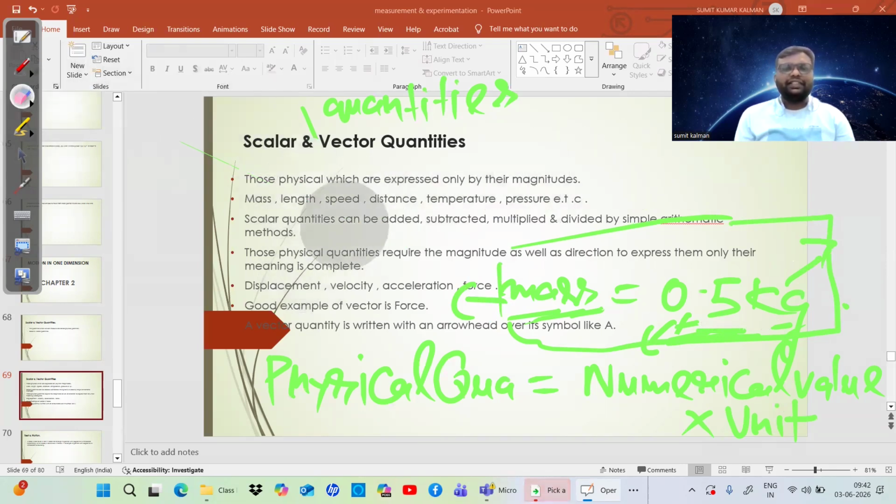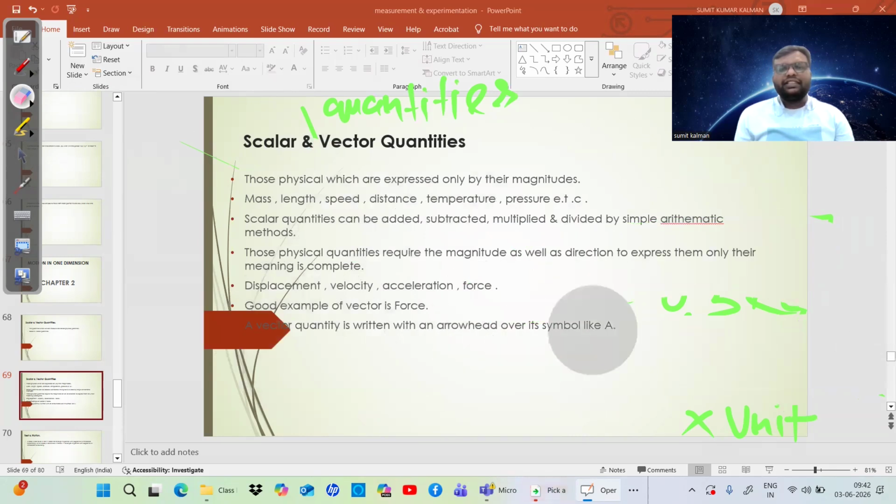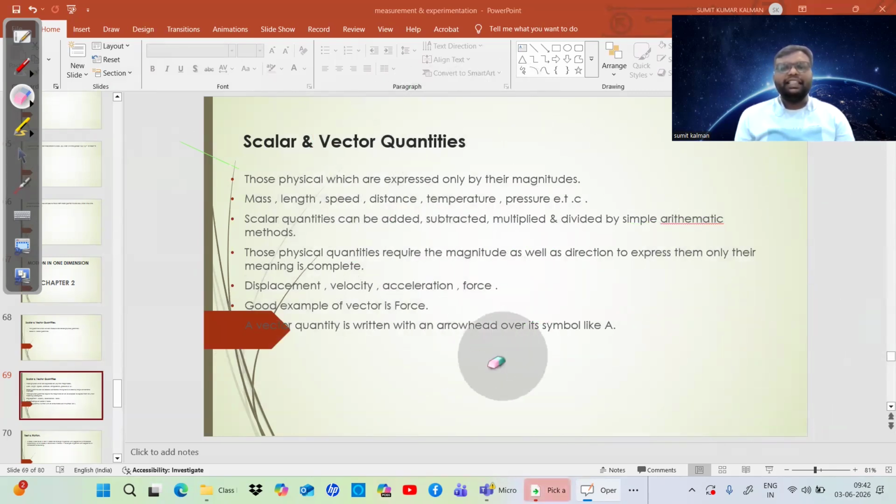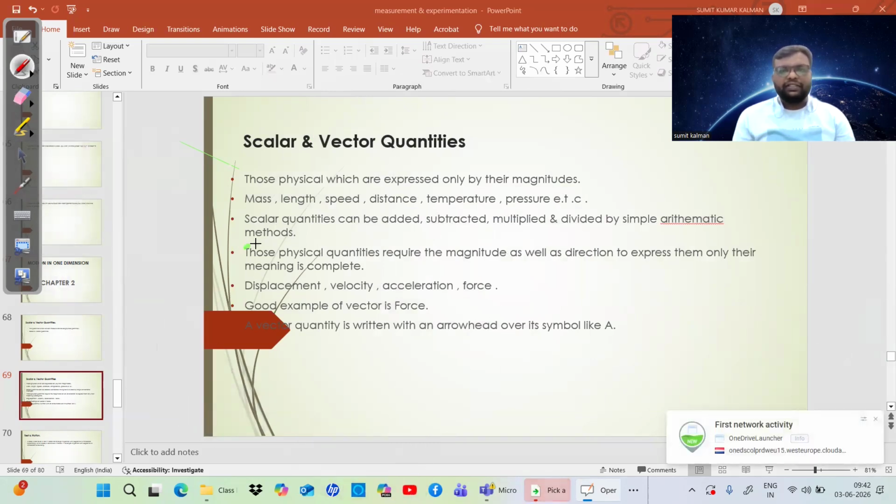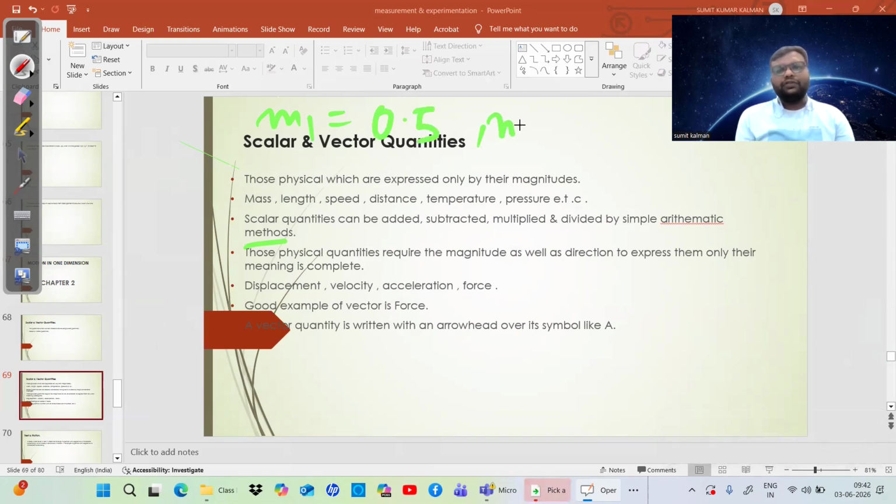Now, next: scalar quantities can be added, subtracted, multiplied, and divided by simple arithmetic methods. Suppose you have two physical quantities, mass of body 1 is 0.5 kg and mass of body 2 is 0.4 kg.